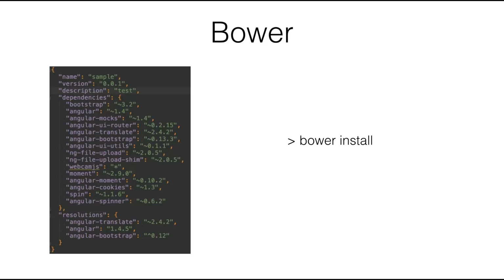You also give them your npm JSON file, package.json. When you push it out on Heroku, it runs the installer and it runs Bower. That's the experience I've had.